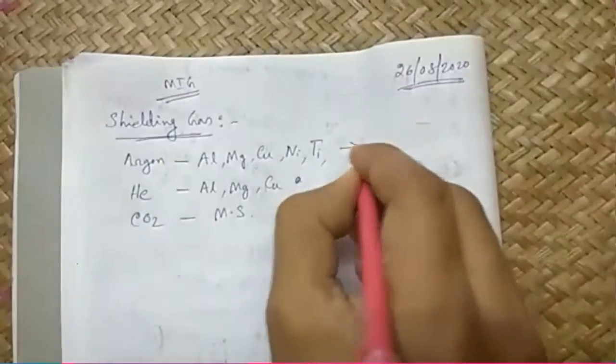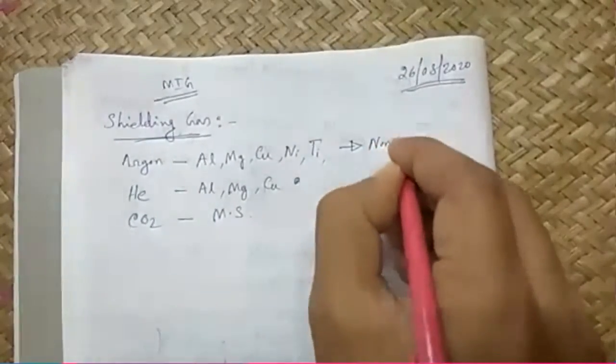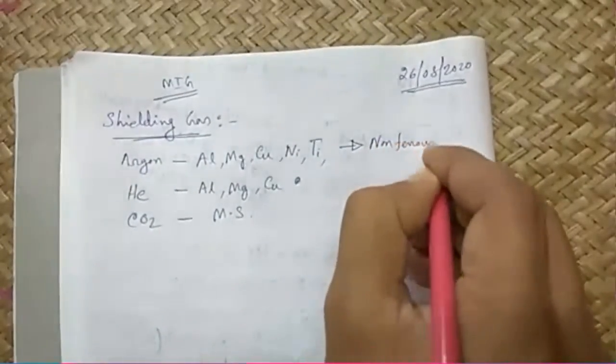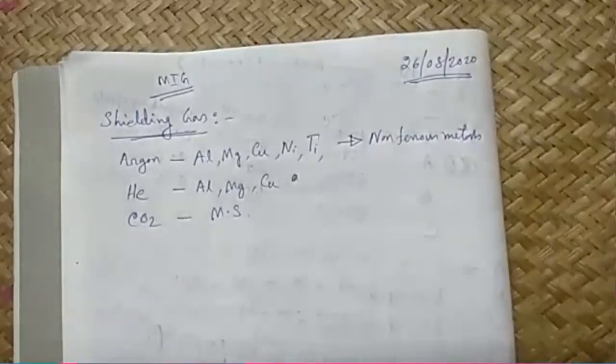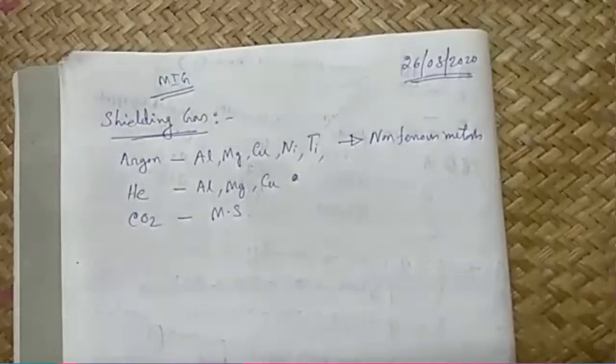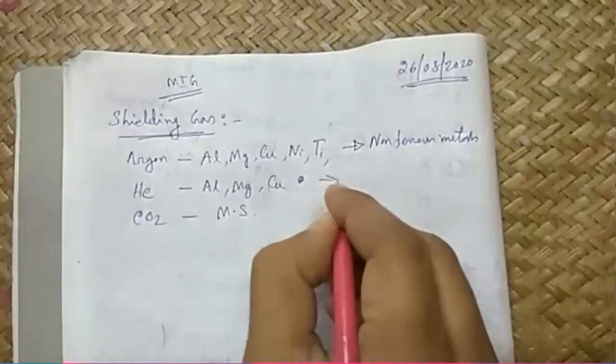Now the argon is the principal inert gas which is used for non-ferrous metals. On the other hand, helium is used to intercept the porosity.